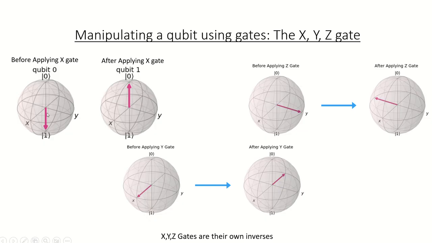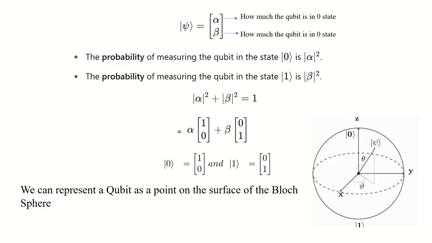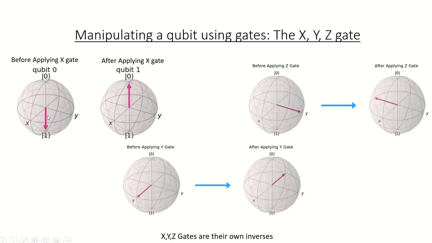Remember, a vector is a representation of a quantum state, which is represented as a column vector alpha beta. So alpha is the probability amplitude of it being in 0 state, and beta is the probability amplitude of it being in 1 state.